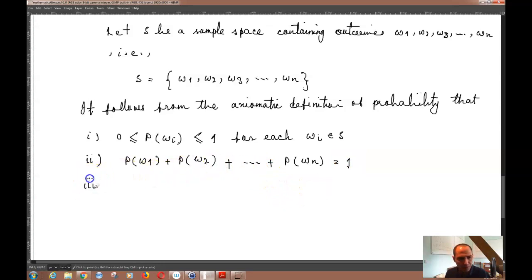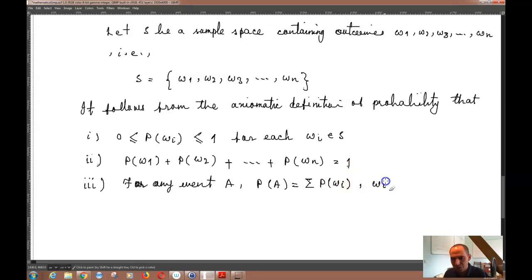And number 3, for any event A, P of A is equal to the sum of P of omega i, for omega i belonging to A. Now, for any event A, suppose that this is some event, for example some set having some outcomes.